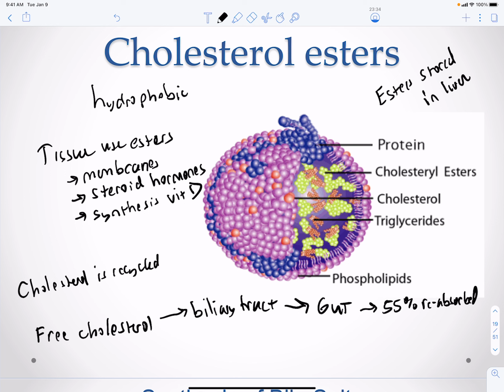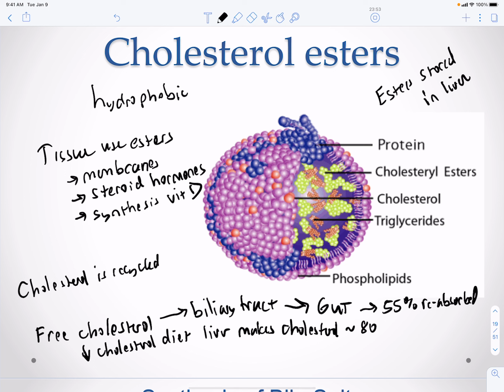On a low cholesterol diet, your liver will make cholesterol. About 800 milligrams needs to be made a day. On a greater cholesterol intake, your cholesterol will suppress the production by those mechanisms we talked about.